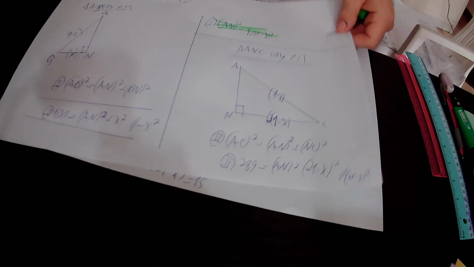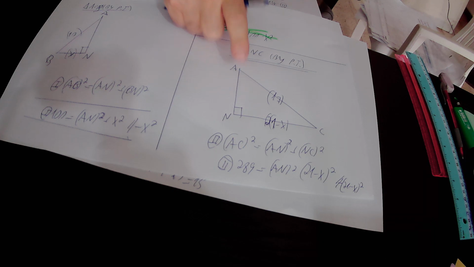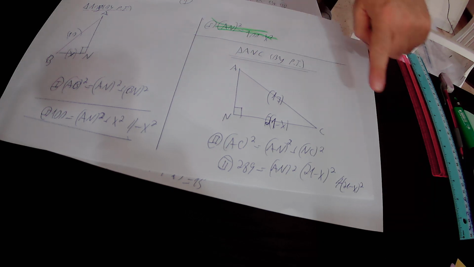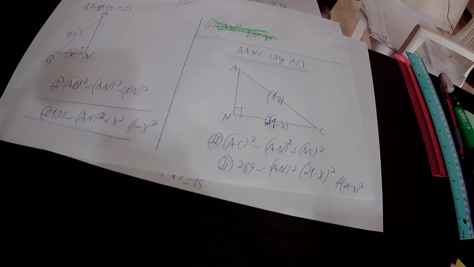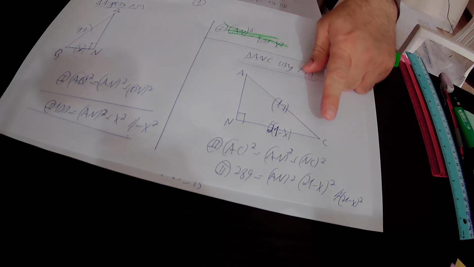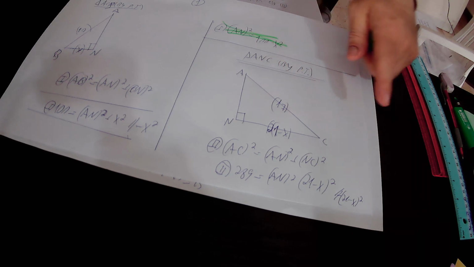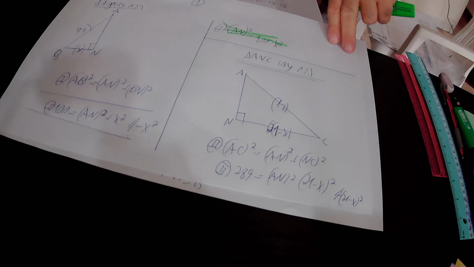So in this right triangle ANC, according to the Pythagoras theorem, AC squared equals AN squared plus NC squared. AC is 17, therefore AC squared is 17 squared, that is 289, and this equals AN squared plus NC squared. NC is 21 minus X, therefore NC squared is (21 minus X) squared.